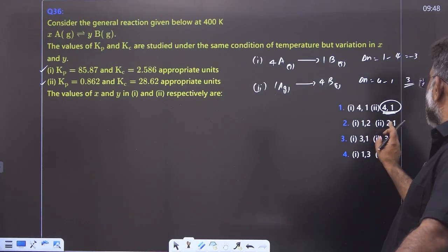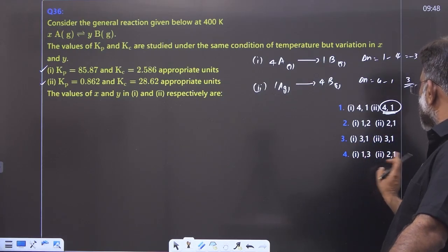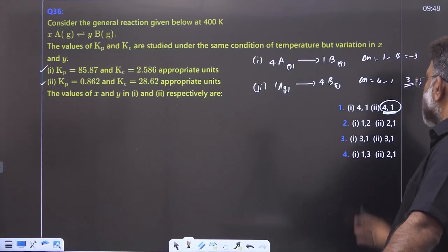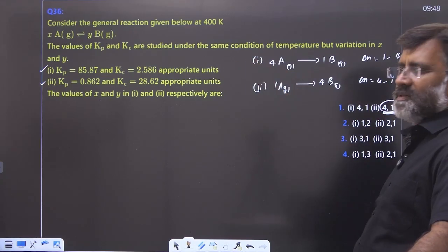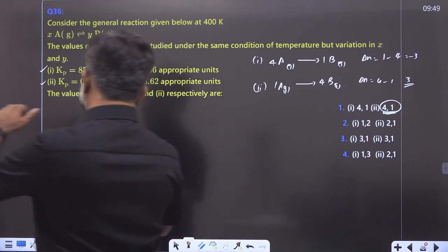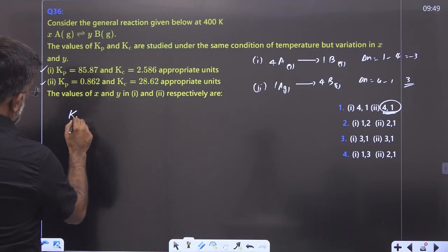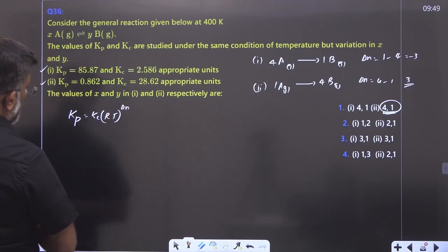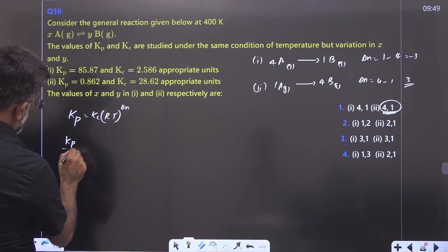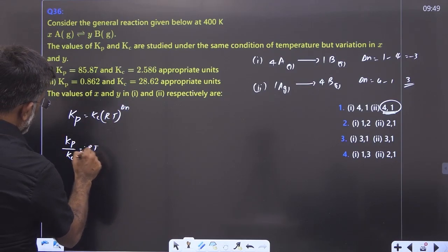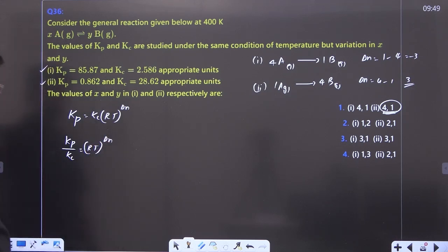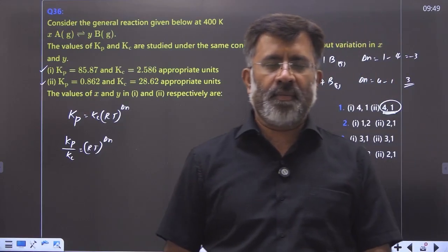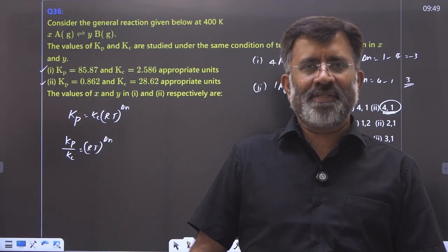This is okay: 1 2, 2 1, 1 3, 1 3, 2 1, no problem. It should be a different coefficient, not the same coefficient. How can you get Kp and Kc? What is the relationship? Kp equals Kc RT power delta n. That means Kp by Kc equals RT power delta n. Suppose the two delta n are the same, then the Kp-Kc ratio should come the same, no?